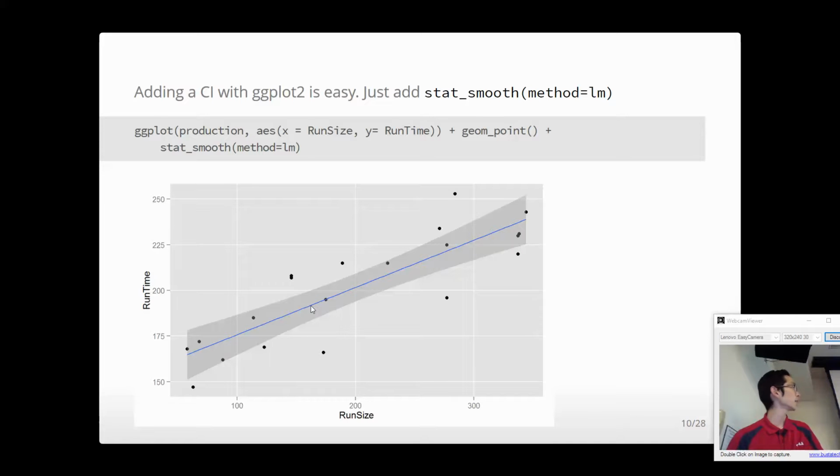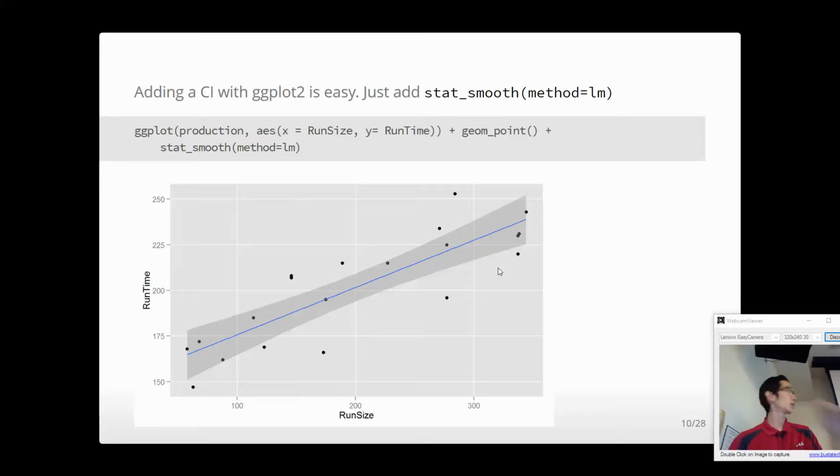Remember, with a regression model, we're saying in the population there is some line that relates x to y in a linear fashion. We don't know that exact line. This blue line is our best estimate. This gray zone is our 95% confidence region for the true line.